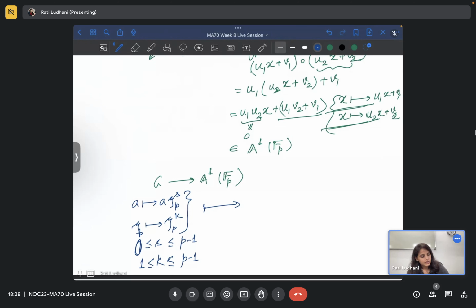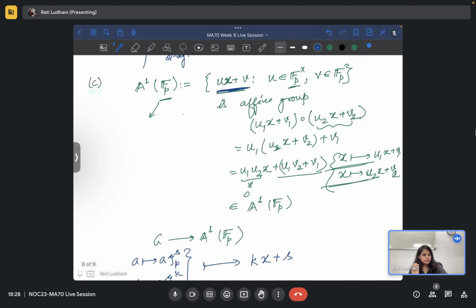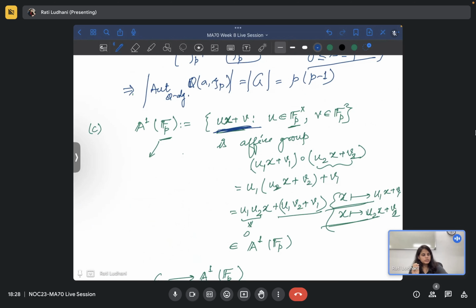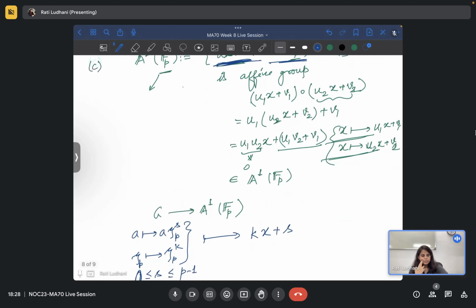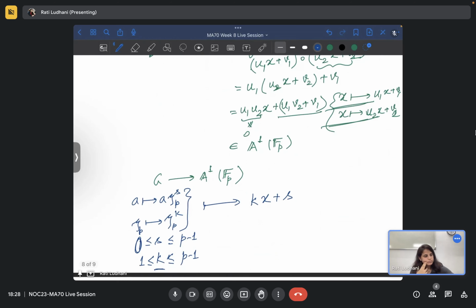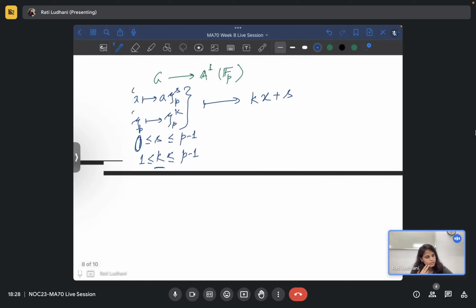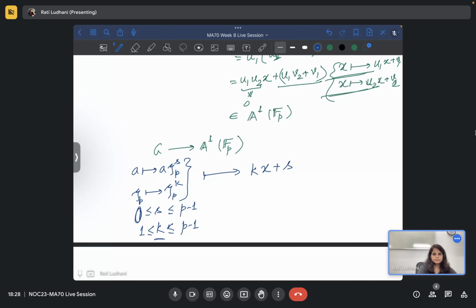As you can see, k can go from 1 to p minus 1, so it is like Fp cross. So we can define it to be k into x plus s, right? Then it will belong to A1 of Fp, because A1 of Fp is ux plus v, where u belongs to Fp star and v belongs to Fp. Is the map okay? I can explain again if you have any doubt.